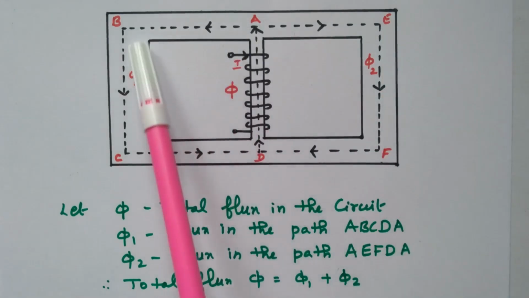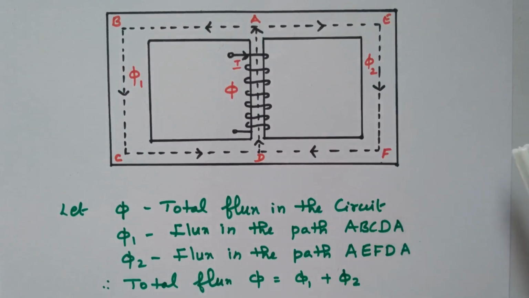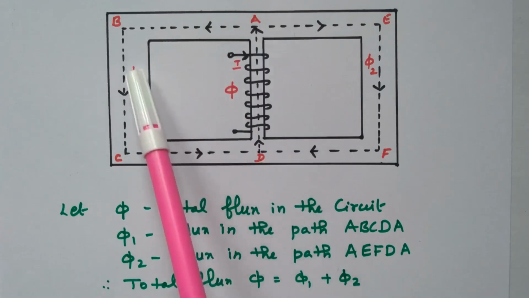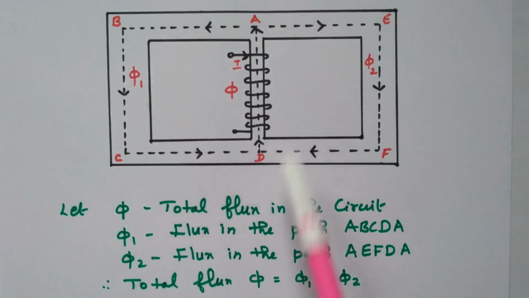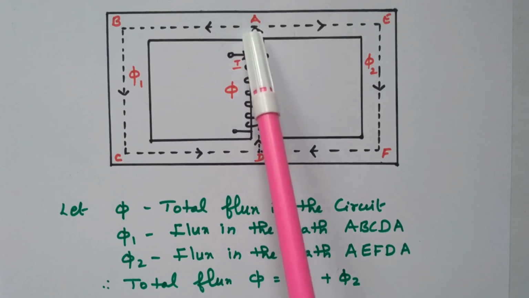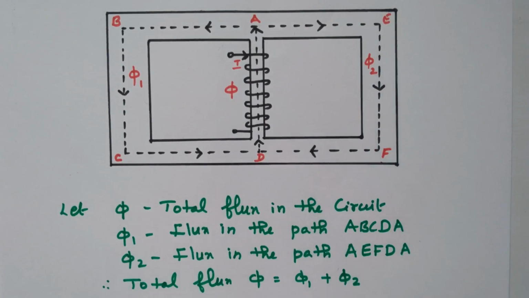On this side the flux will be phi 1, on this side the flux will be phi 2. So A, B, C, D, A has the flux phi 1, and A, E, F, D has the flux phi 2. At the center limb the total flux is available. At this point the flux is diverted into phi 1 and phi 2.